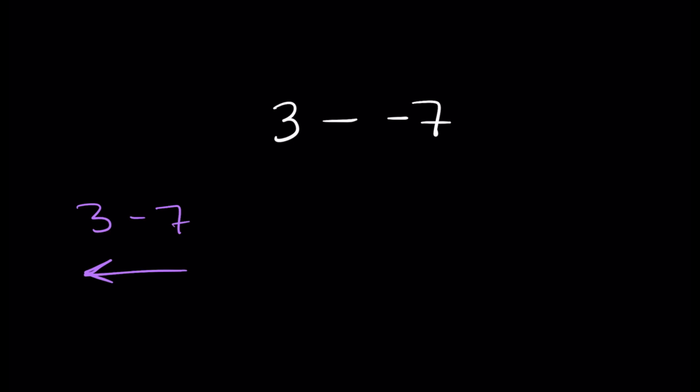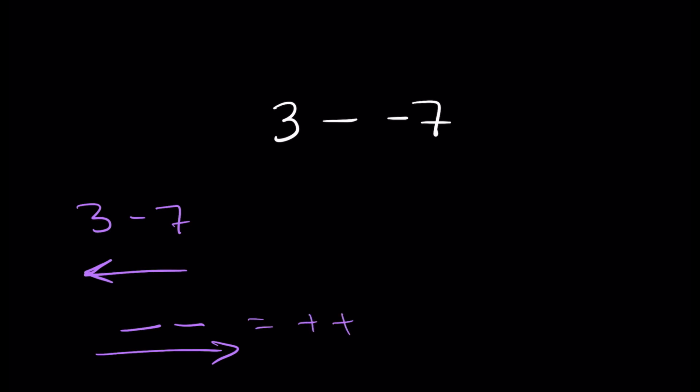Well, if I subtract a negative, well, the fact that I'm subtracting a negative kind of undoes this going to the left, and we're actually going to end up going to the right. So subtracting a negative is the same as adding a positive.